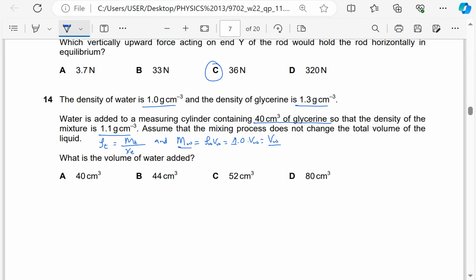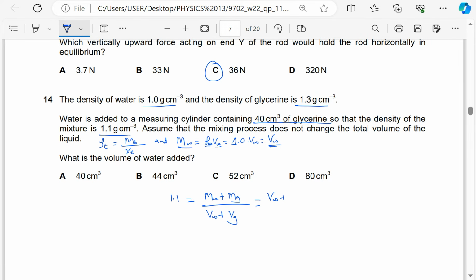So the total density is given by 1.1 equals the total mass, which is the mass of the water plus the mass of glycerin, divided by the total volume, which is the volume of the water plus the volume of glycerin. The mass of the water was equal to VW because I substituted the density times the volume. So this is going to be VW plus the mass of glycerin.